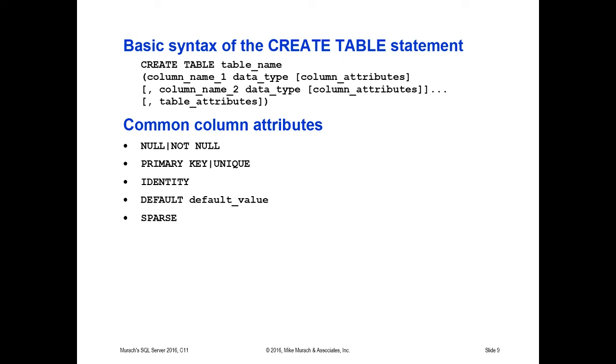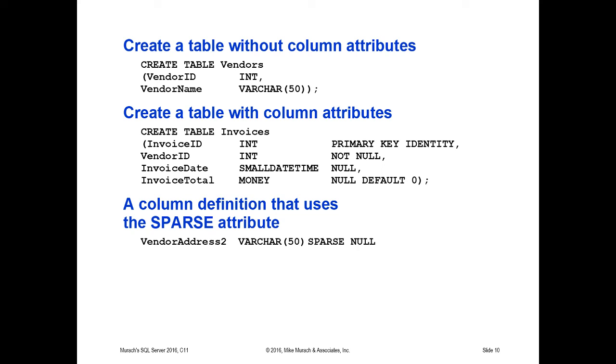Now our attributes are those ones that we've seen in the GUI create table specifier, null and not null, if we want something to be a primary key or unique values, an identity column where we want the database to automatically assign a value to our column. If we create an identity column, we can specify the beginning value. We also could specify a default value for this column, and sparse. Sparse meaning we don't want to save things unless absolutely necessary.